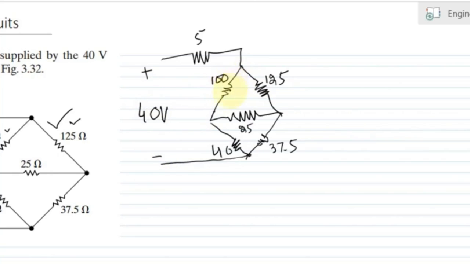In order to find the equivalent resistance, we have to convert either of these two deltas. These two are basically delta circuits, and converting any of these delta circuits into star configuration will make this circuit easier to solve.